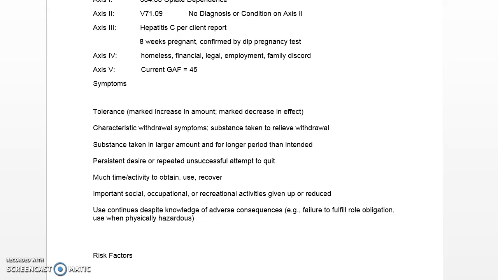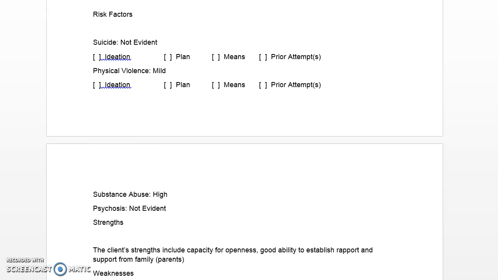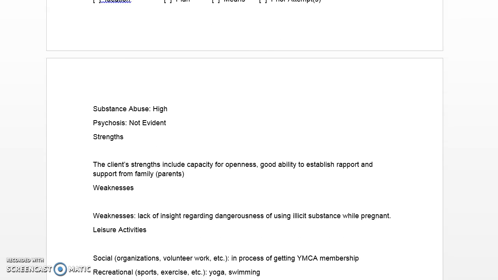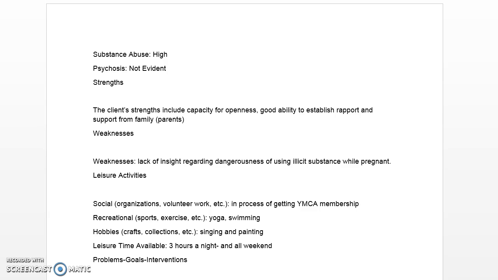You'll go through their different risk factors, so suicidal ideations, plans, means, prior attempts, you'll indicate any of those. Physical violence, mild, moderate, or severe. Substance abuse, mild, moderate, or severe. Psychosis. And then you will identify their strengths and their weaknesses.